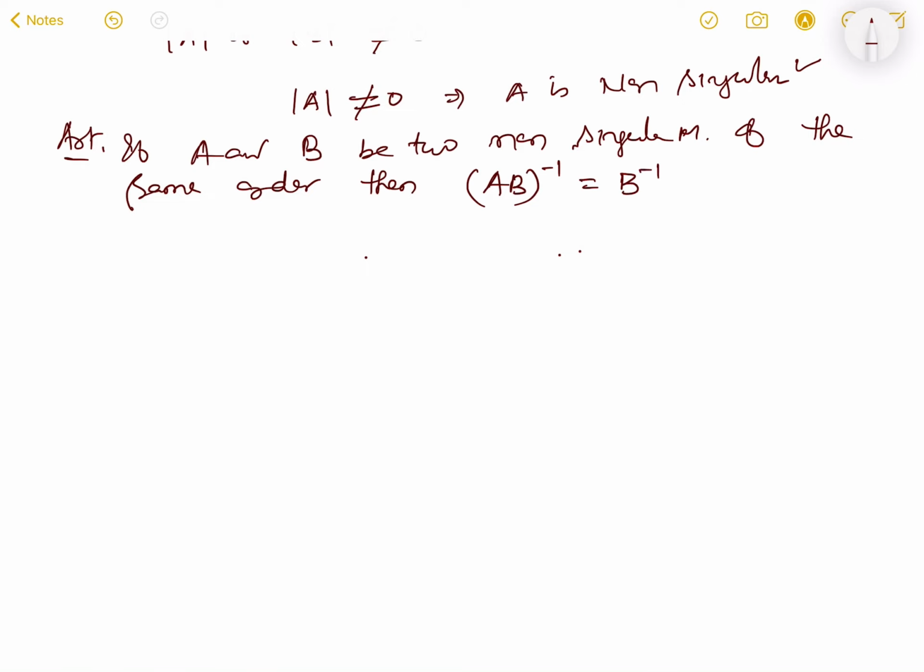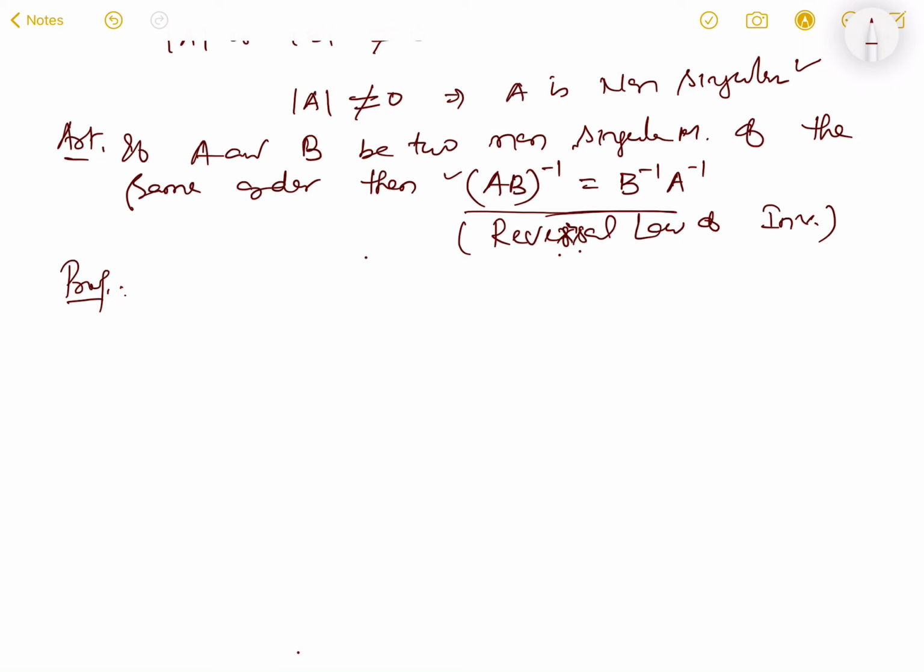This is also known as the reversal law of inverse. This is also an important property as far as derivation or as far as using in the further questions.